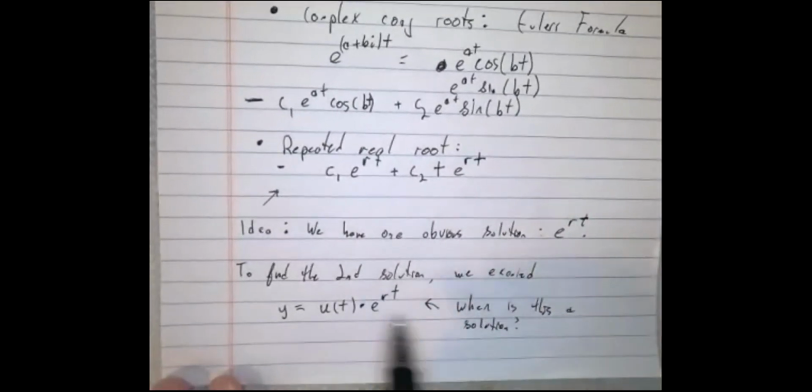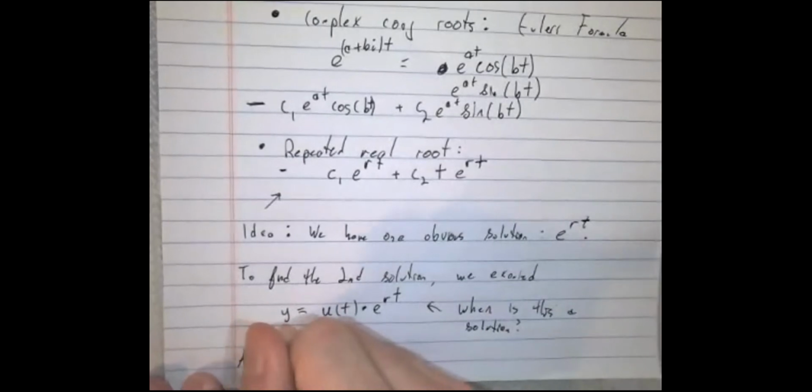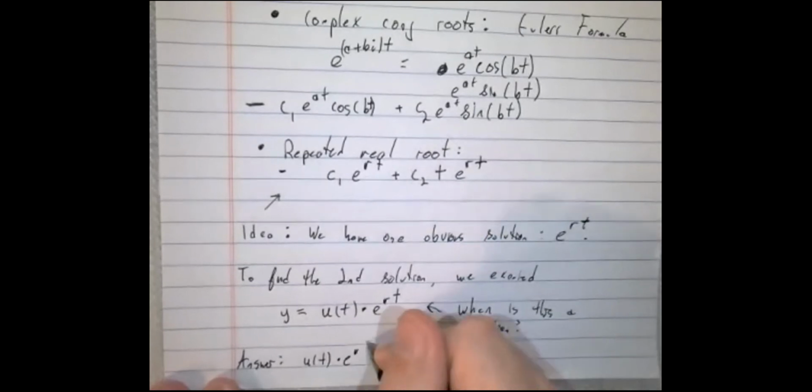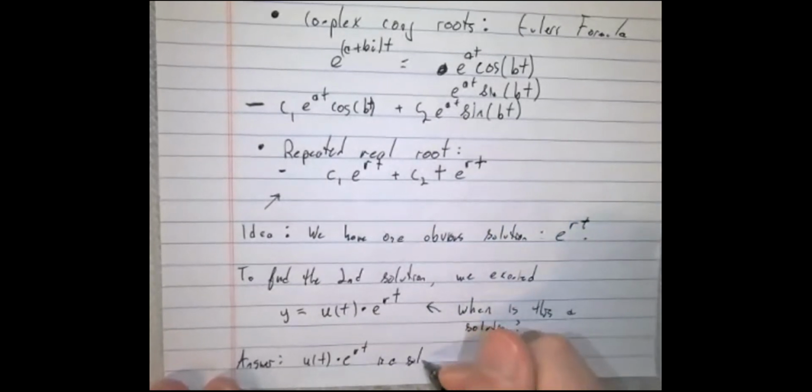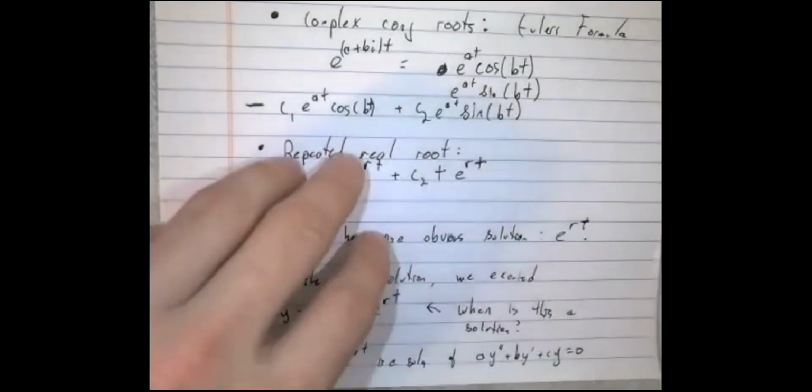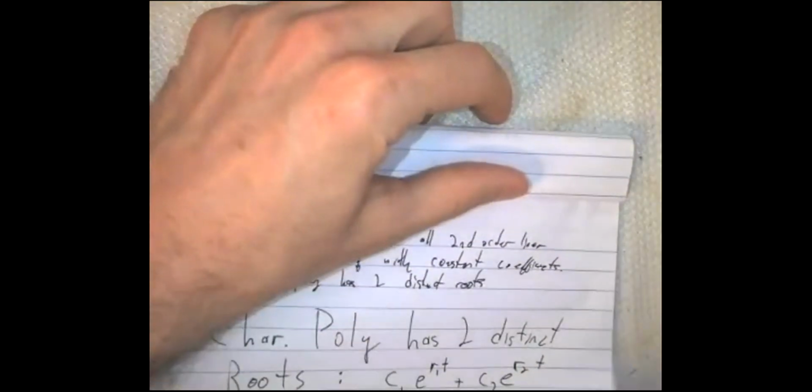And the answer was, this is going to be a solution. So answer, u of t times e to the rt is a solution of a y double prime plus b y prime plus c y equal to 0 whenever u double prime of t is equal to 0, right?